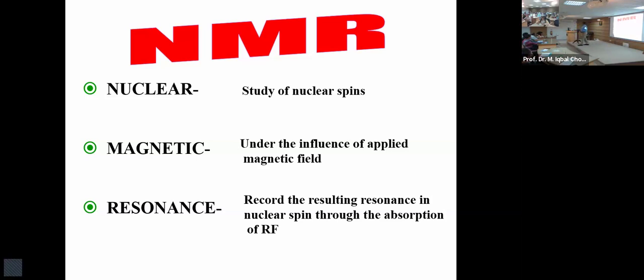And remember, NMR is the physics of weak forces. Everything in NMR is weak. It is the strongest technique. This is the most versatile, most powerful technique. But when it comes to measurement, anything in NMR is weak. Signals are weak.